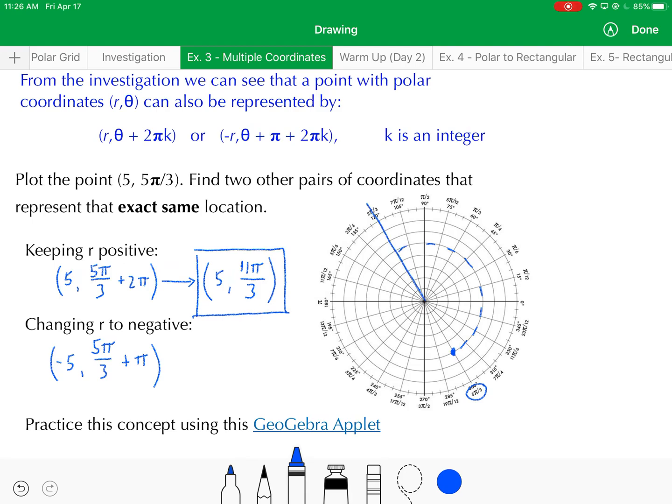This would be the terminal side of that angle. But since r is now negative, we'd have to extend back in this direction 5 units, and it would put us in the exact same spot, right? So that's going to lead me to negative 5, 8 pi over 3 as a second option.